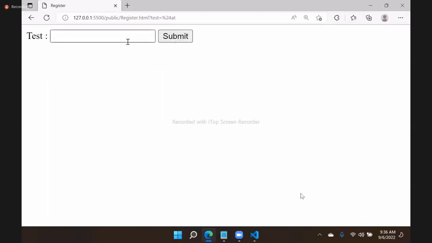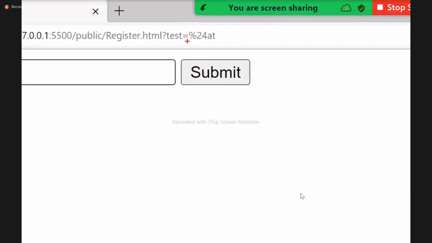But see, dollars and some special characters are not shown clearly here. It doesn't mean that it is not submitting. It is submitted, but dollar symbols and some other symbols are not shown in the URL correctly. They are encoded, translated into some codes.